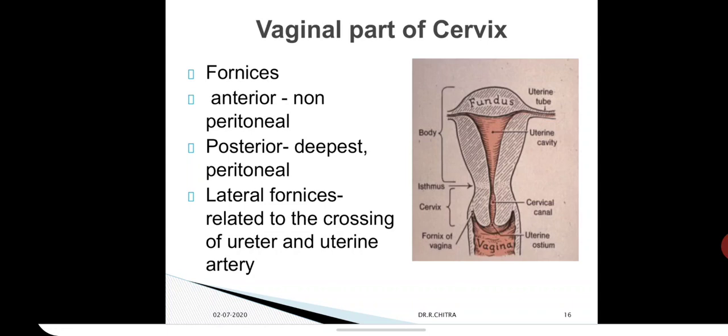The deepest fornix is the posterior and it is peritoneal. The anterior is non-peritoneal. The lateral fornices are related to the lateral relation of the supravaginal part of the cervix, the crossing of ureter and uterine artery.